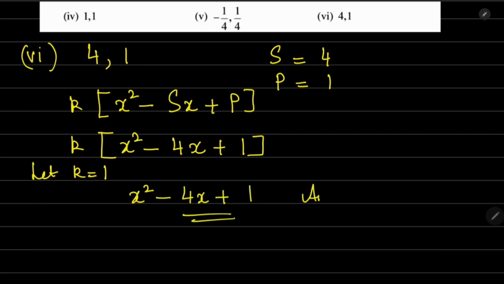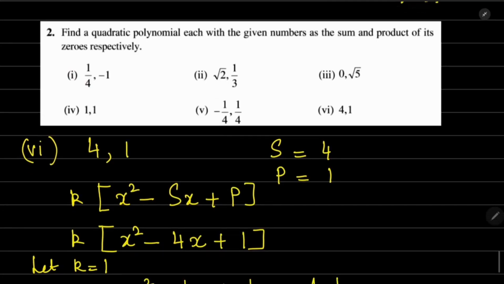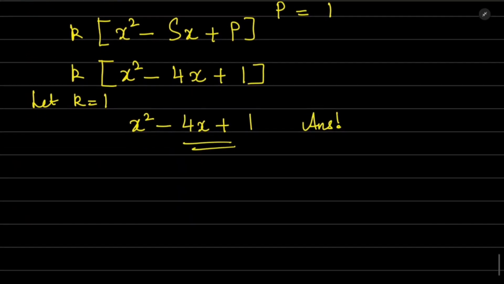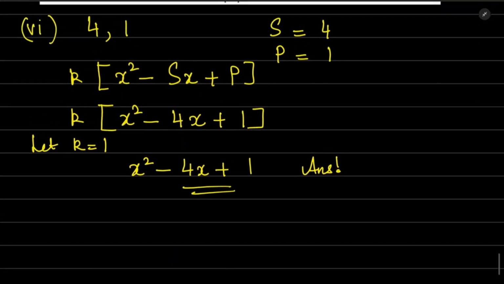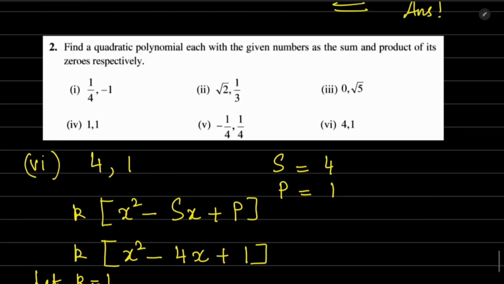This is the required quadratic polynomial whose sum of the zeros is 4 and the product of the zeros is 1. So very easy exercise to do, but make sure you do all of these questions so that if such questions come, you are able to do it. So you have to practice more and more. Okay. You should know if sum of the zeros and product of the zeros is given, how do you find a quadratic polynomial.